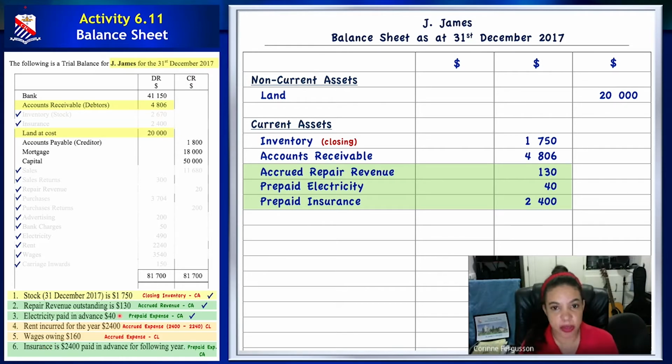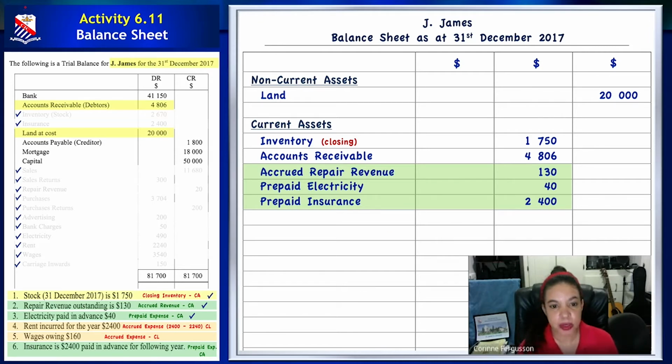So you see our three accruals and prepayments. We have an accrued revenue, which is a current asset, and two prepaid expenses. Very specific. Do not ever total them, you just have them separately, and that is it. You have dealt with all your green, all your current assets, so you can now move on.